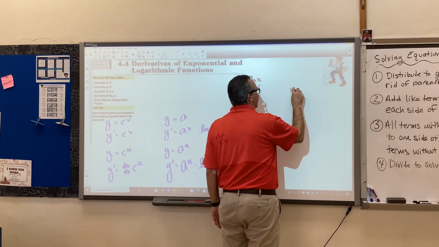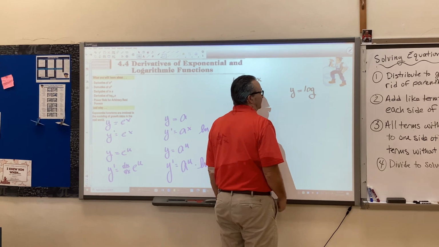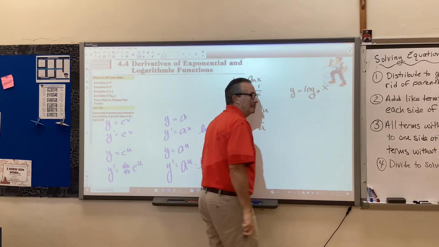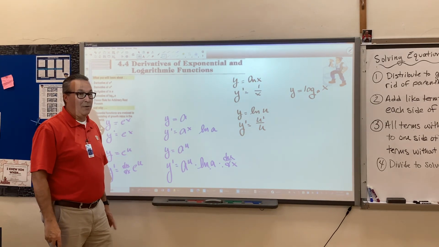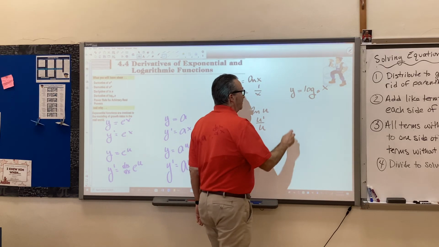If you've got log base a of x, you would rewrite it using the change of base formula.